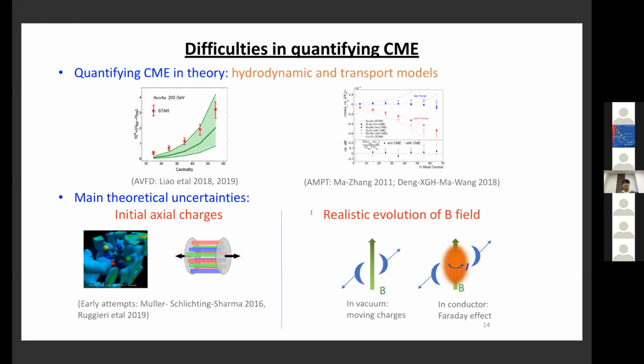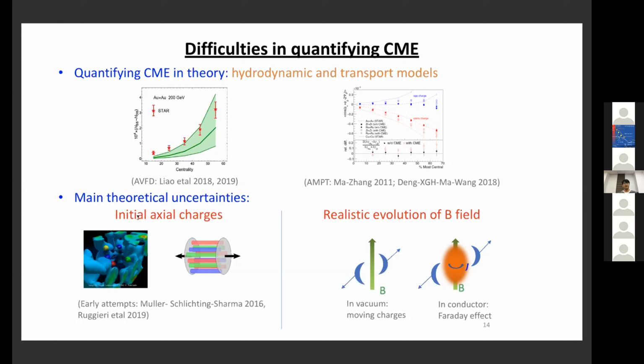For the first one, so far there is no solid calculation, because this is a non-perturbative process. But in another sense, this is actually what we want to know from the data, because we want to know whether there is an initial axial charge, which will indicate whether there is an initial topological fluctuation.